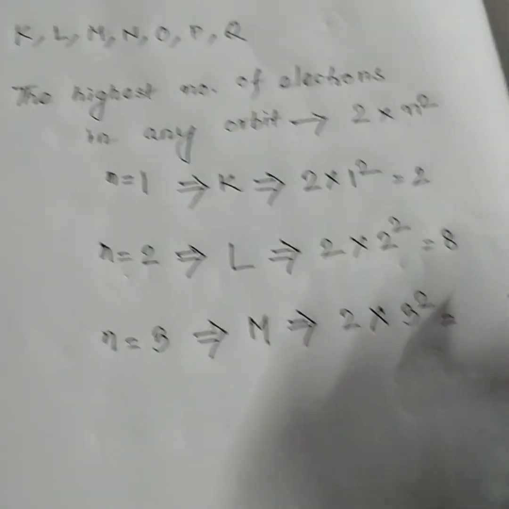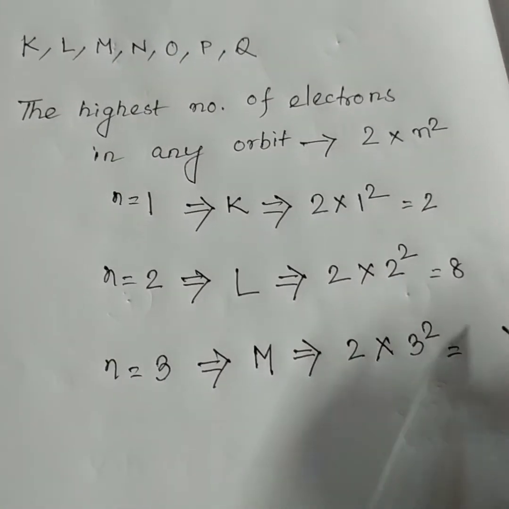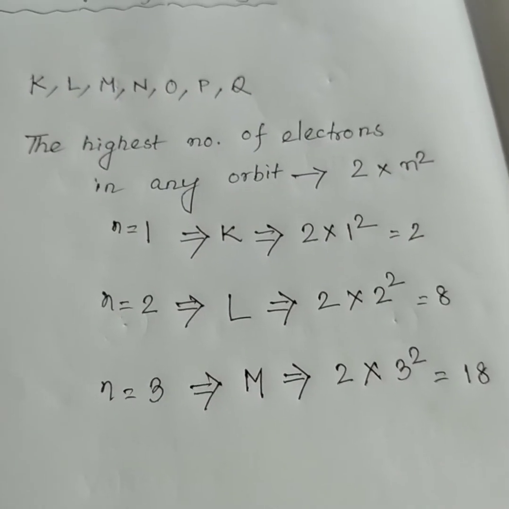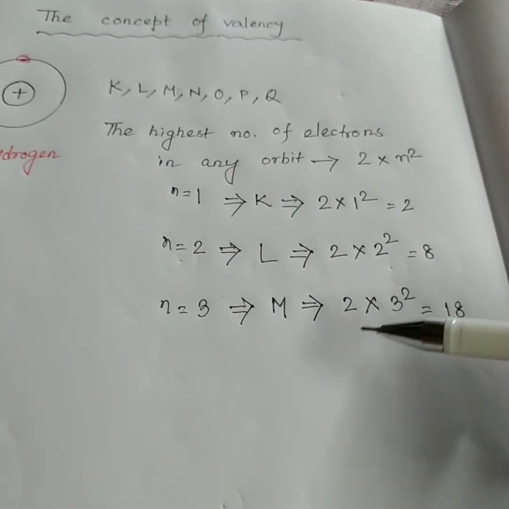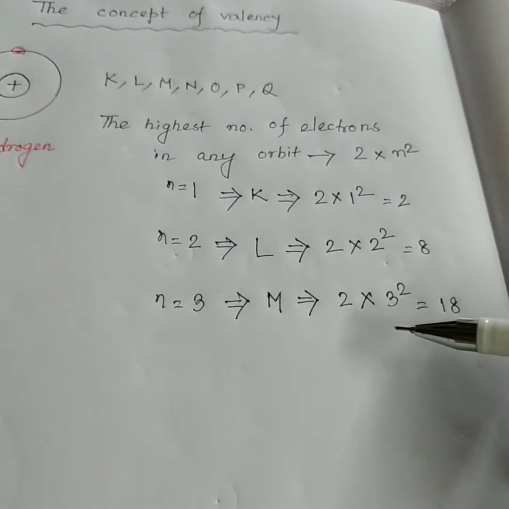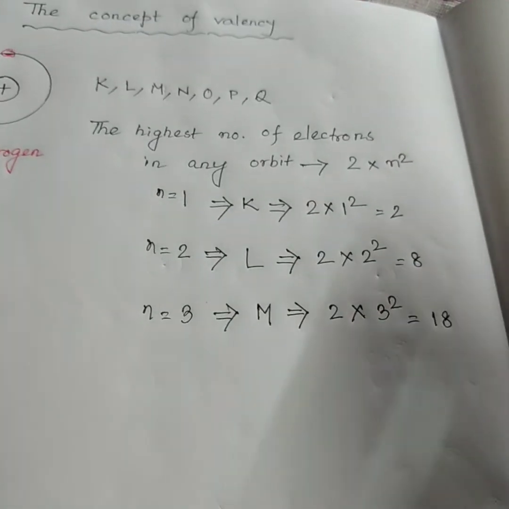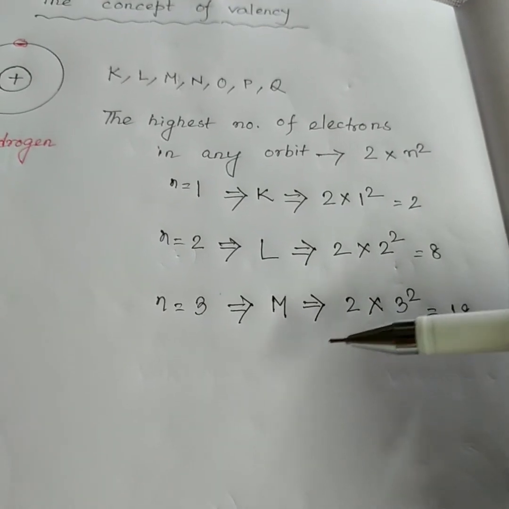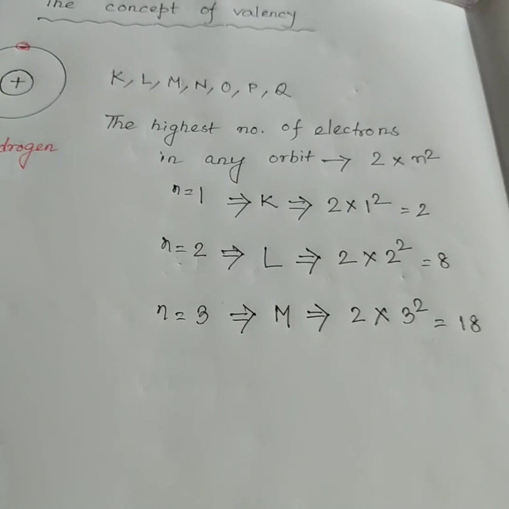That is, 3 square means 9, 9 into 2, that is 18. Now we can calculate the maximum number of electrons for other orbits, that is for N, O, P and Q, like this, right?